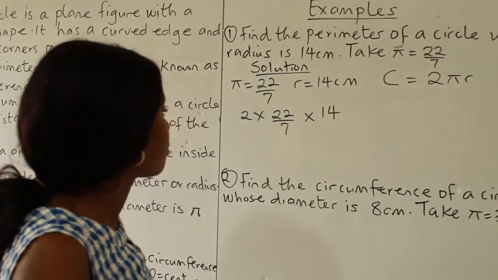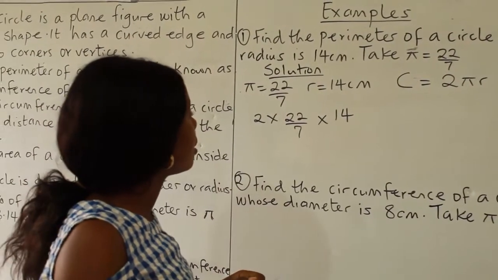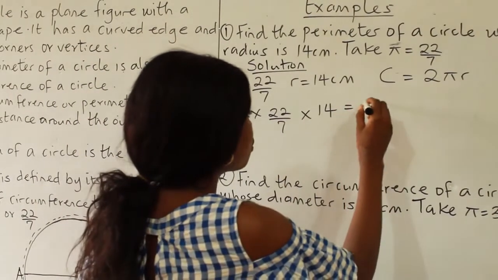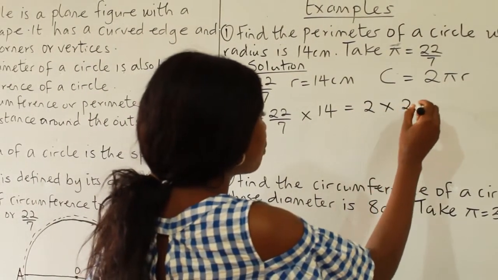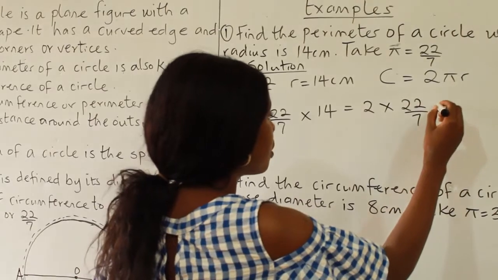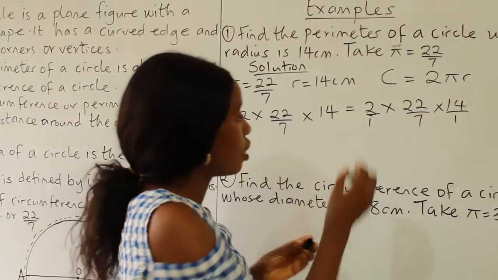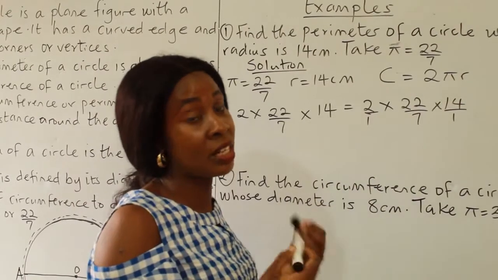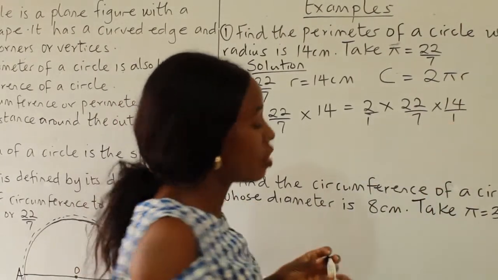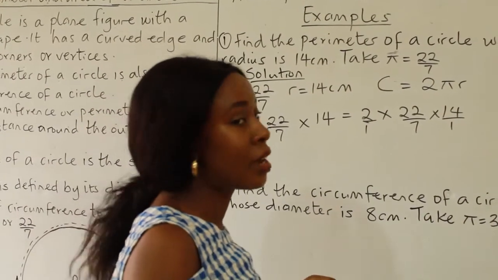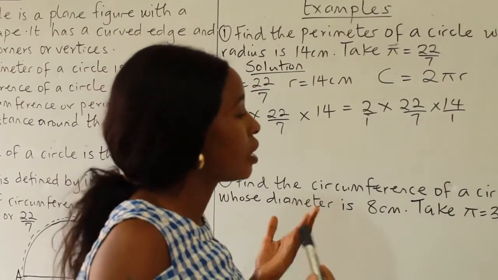If you look at the numbers, you can just rearrange your numbers. Since we have one of the numbers in fraction form, you can rearrange them in fraction form by writing 2/1. 2/1 is still the same thing as 2, and 14/1. Then you look at the numbers closely for what number can be divided by the other.